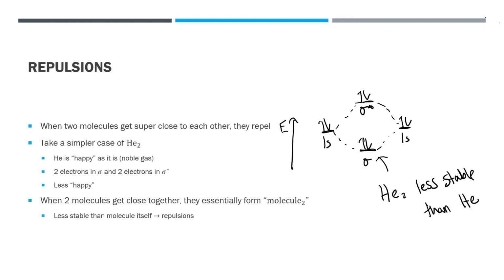When two molecules get close together, they essentially form, this is very colloquial language, a molecule-2, like how I said helium-2. And just like with helium-2, this is going to be less stable than the molecule itself, and therefore we're going to have repulsions because it's not going to want to come together. So that's the origin of these repulsions, this electron cloud overlap that causes them.